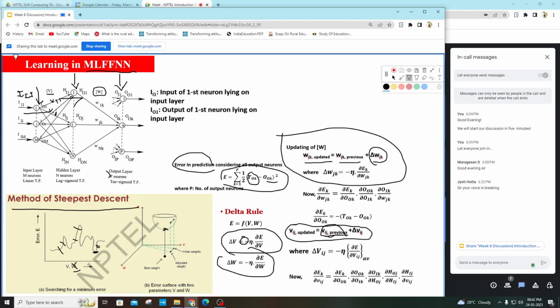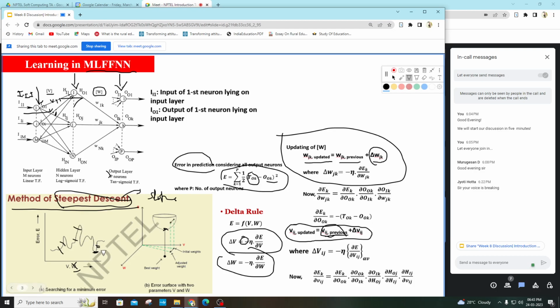Okay, steepest descent. Descent is the word we use when we are using differentiation, or when we are talking about slope. And steepest descent means we are searching for our local minima or local maxima, not global.